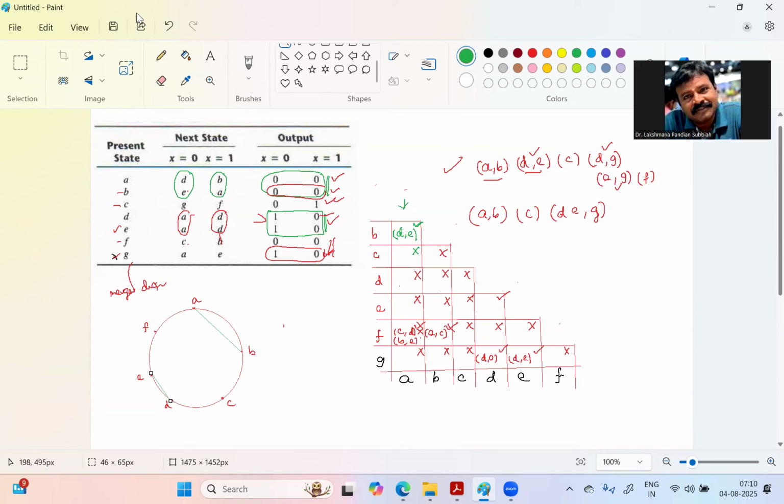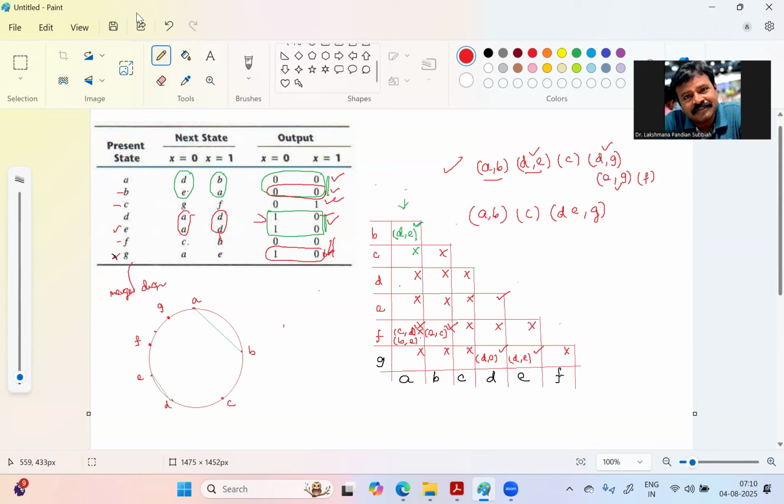So you put the letters A, B, C, D, E, F, G on the circumference, and you put a dot for each and every state.